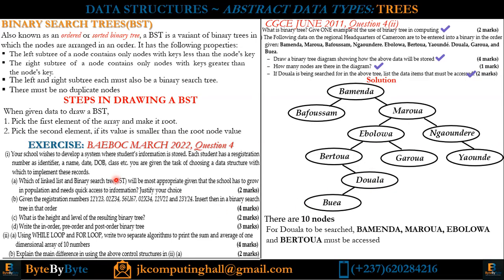It is a full question, and I'll be glad to see those who will be able to attempt this question, because it goes from the beginning, where you have a distinction between linked list and binary search tree, drawing the binary search tree, determining the height of the binary tree, giving the in order, pre-order, and post-order traversal. Wow, very interesting. Now, using a while loop and a for loop, write two separate algorithms to print the sum and average. Explain the main difference using the above control structure.